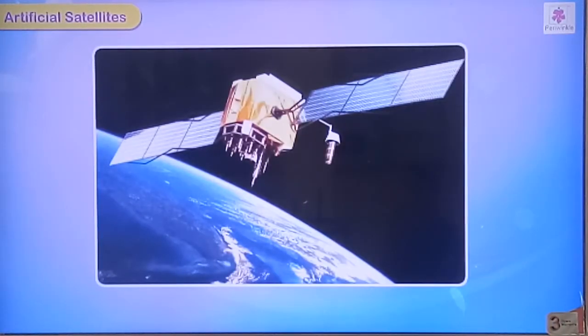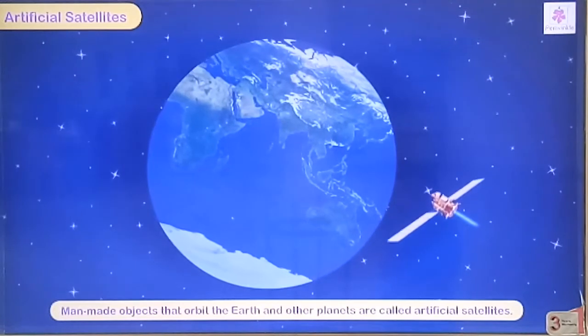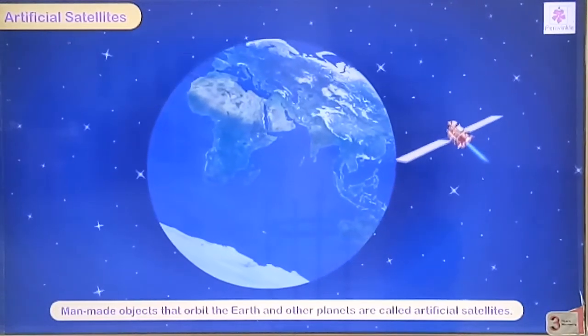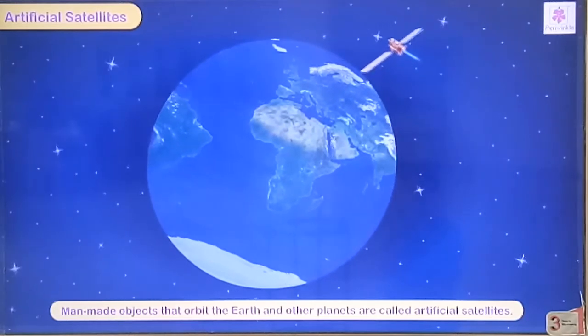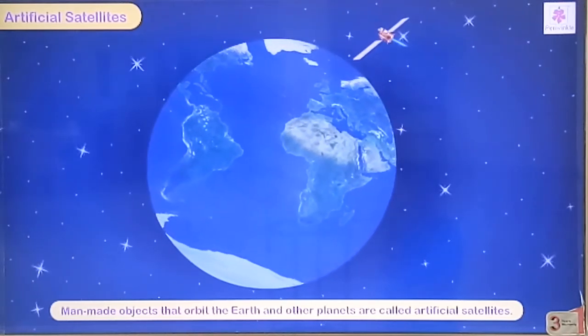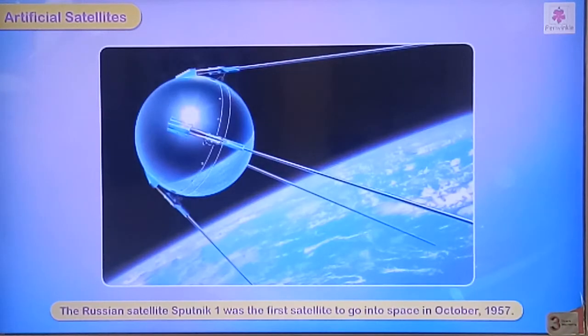Artificial satellites. Man-made objects that orbit the earth and other planets are called artificial satellites. The Russian satellite Sputnik 1 was the first satellite to go into space in October 1957.